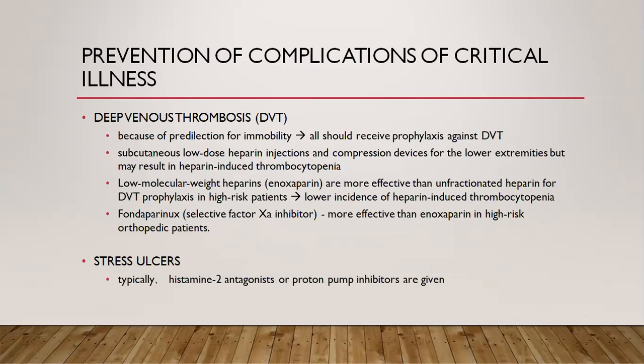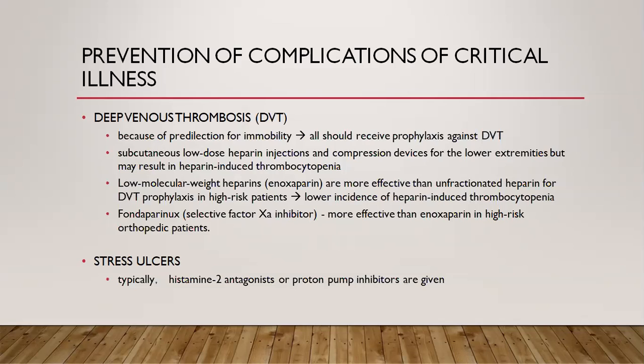DVT, deep venous thrombosis. Because of the predilection for immobility among these patients, they are bedridden, all patients should receive prophylaxis against DVT. You can give a subcutaneous low-dose heparin injection or compression devices for the lower extremities.